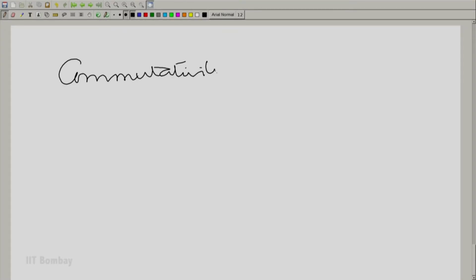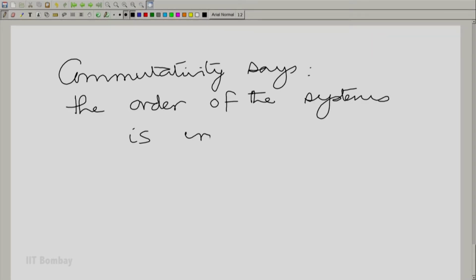So, what does associativity tell you? Associativity is essentially a statement of equivalence of systems put in series or in cascade. When I put two systems in cascade, you can replace them by one system whose impulse response is equal to the convolution of the first impulse response with the second. And now I can bring in commutativity. What does commutativity tell you? Commutativity says the order of the systems is irrelevant.